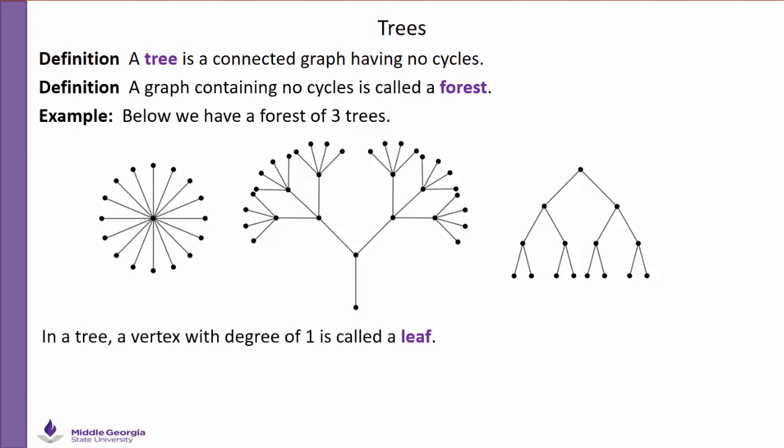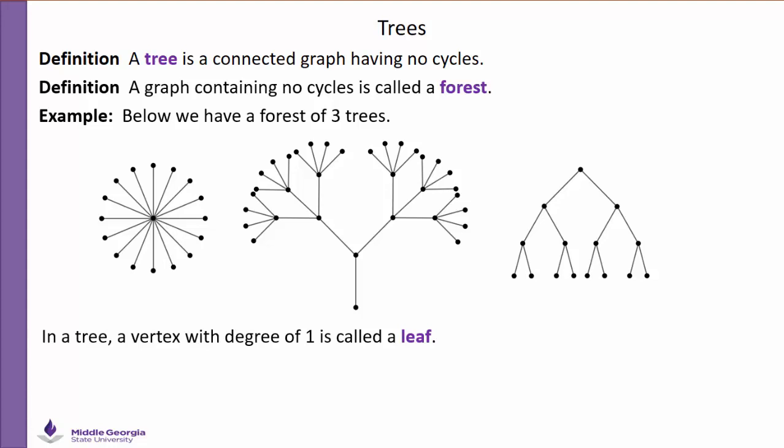In a tree, a vertex of degree 1 is called a leaf. We have, as you see, in the first one, all but one vertex is a leaf because each of them is of degree 1.